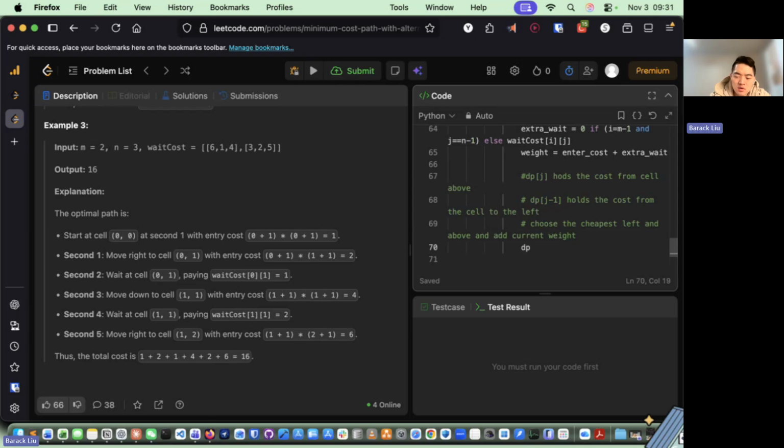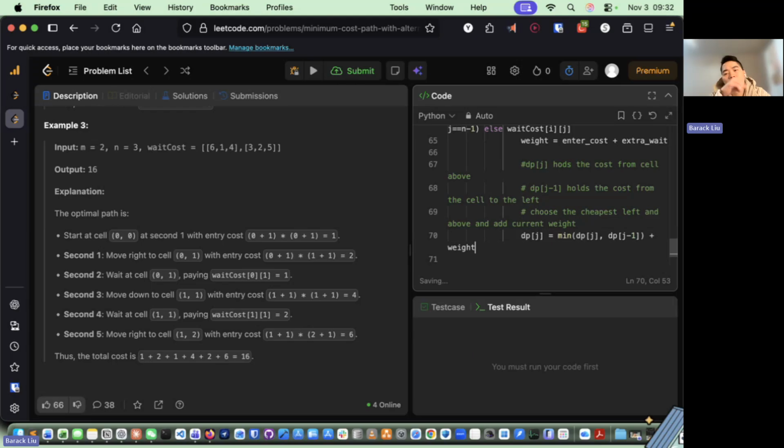So if j is equal to the minimum, if j minus 1, and add the final weight.